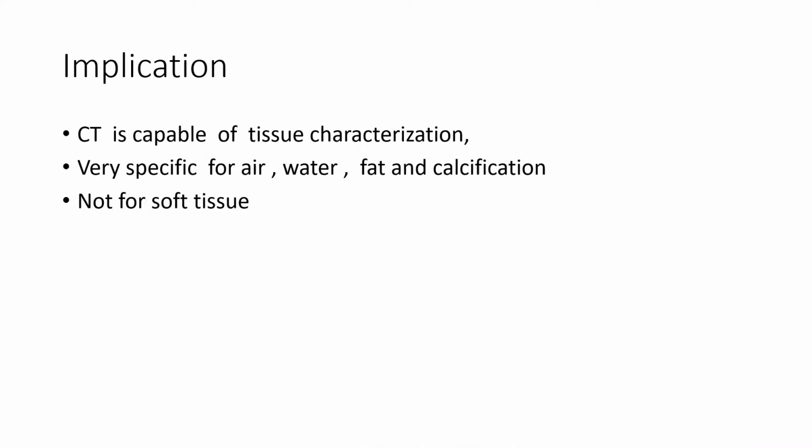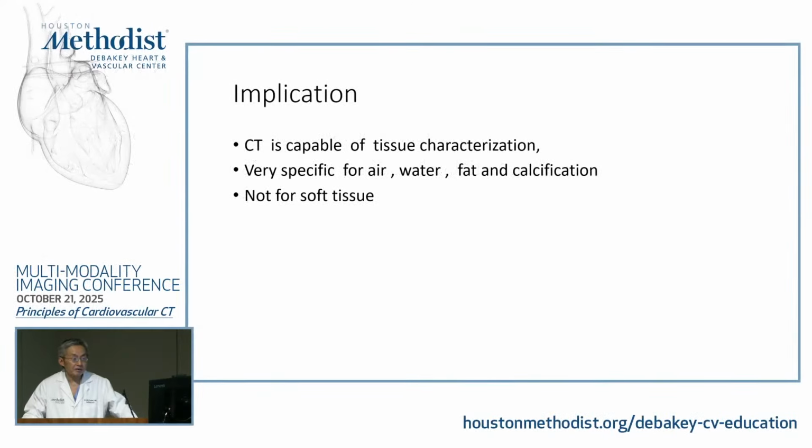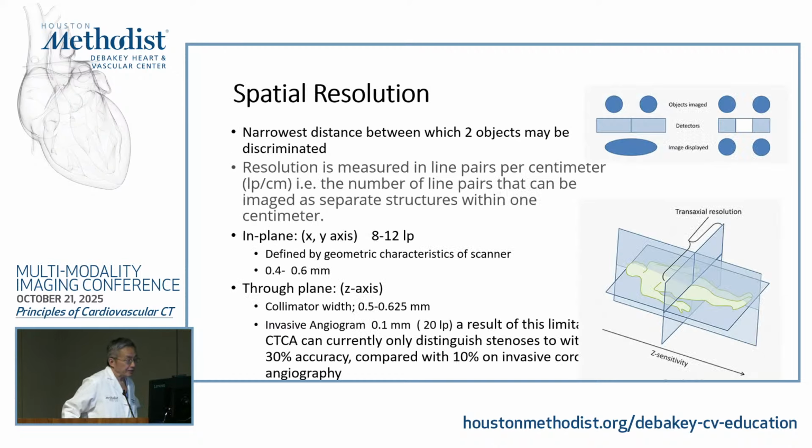What we talked about is very specific for air, water, fat, and calcification, not for soft tissue. You might ask, how come air is important for coronary? Sometimes you want to make sure there's no air in the cardiac chamber when you inject the contrast, because you don't want to incorporate bubbles. But it's very easily seen.